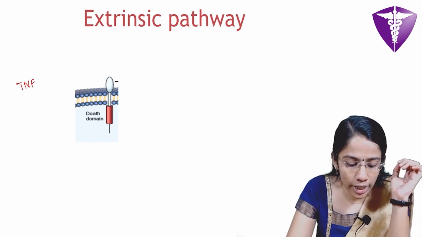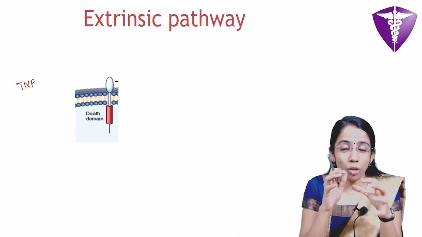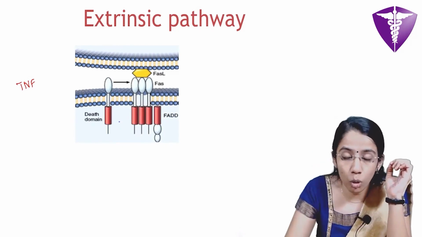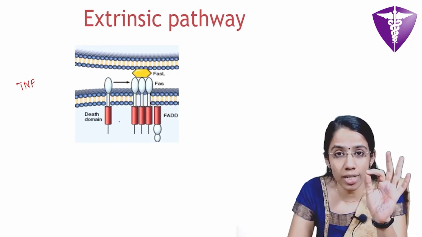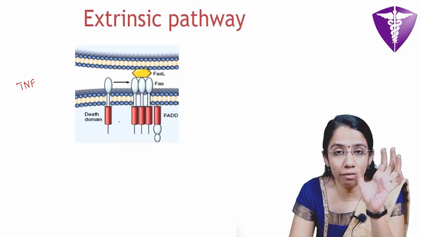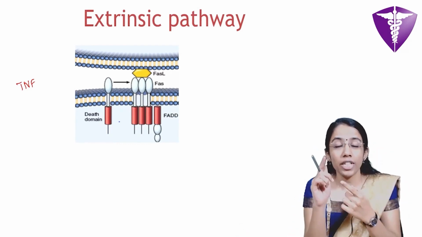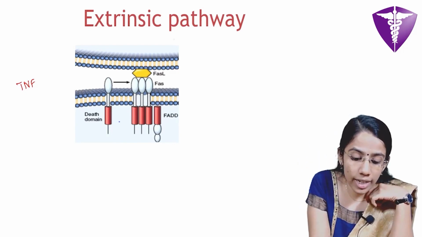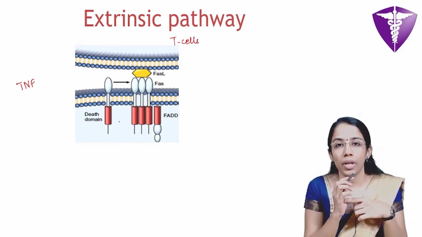These usually have a cytoplasmic domain called the death domain, and the protein is called FAS, also CD95, and the ligand is called FAS-L. This ligand is present in T cells which recognize self-antigens.